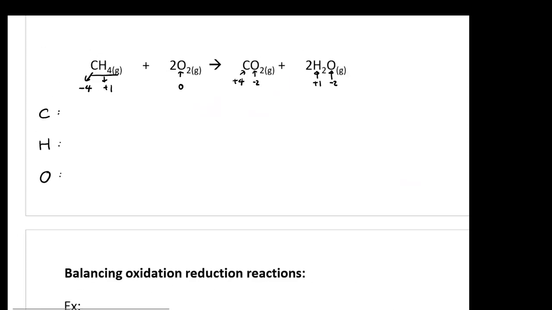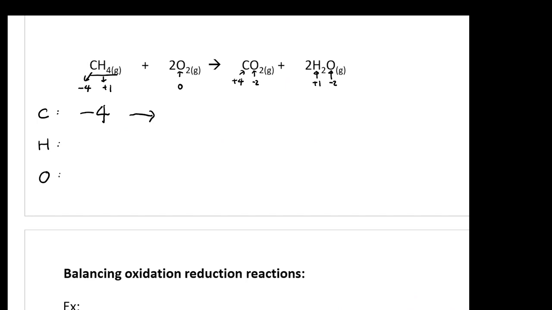Let's analyze the oxidation numbers before and after the reaction. Let's look at C. Originally C is -4. What is the oxidation number after the reaction? +4, right? So it lost a lot of electrons. The oxidation number goes up from -4 to +4. Therefore it undergoes an oxidation reaction, and that's your LORA.